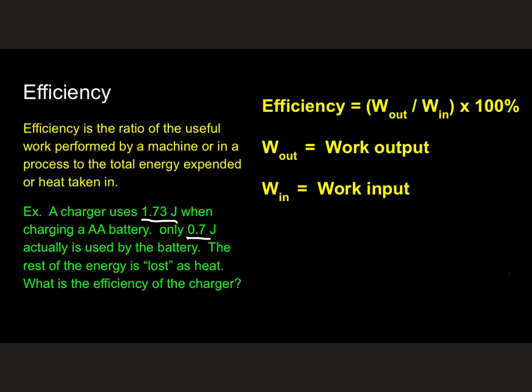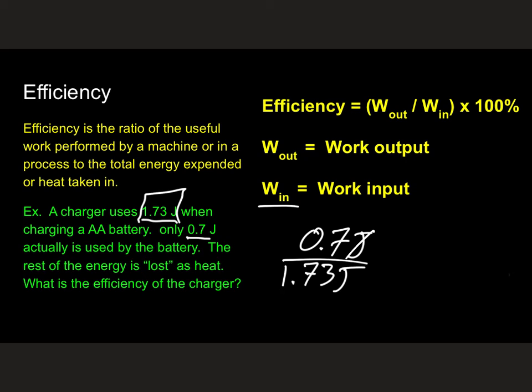Same thing here. The amount you're putting in is not the amount that it's actually accepting. It's not getting our goal. This bigger number is what we're putting into the system. That's our work in. So we would have 173 joules on the bottom, and on top we would have 0.7 joules for what we're actually getting out of the system.